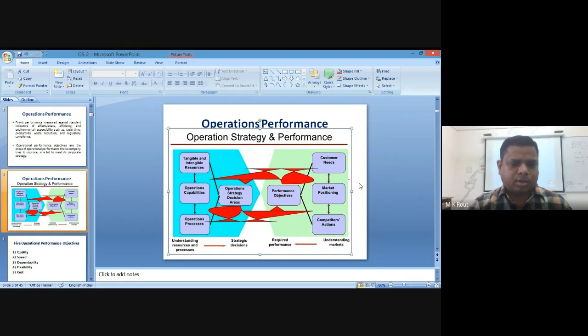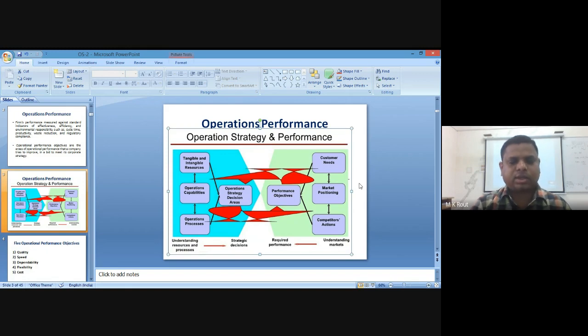So if you go to the bottom of this particular figure, especially with reference to your operational strategy and performance, understanding the resources and the process. Suppose we have different types of resources and we have only one process. Whenever you go for the operational performance, we must understand the concept of different resources and different processes, which are directly or indirectly related to your operational performance.